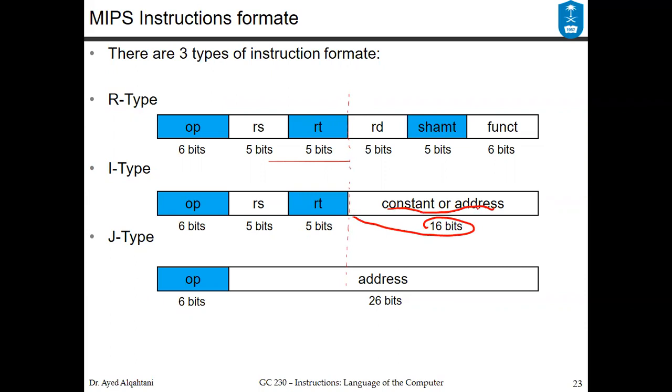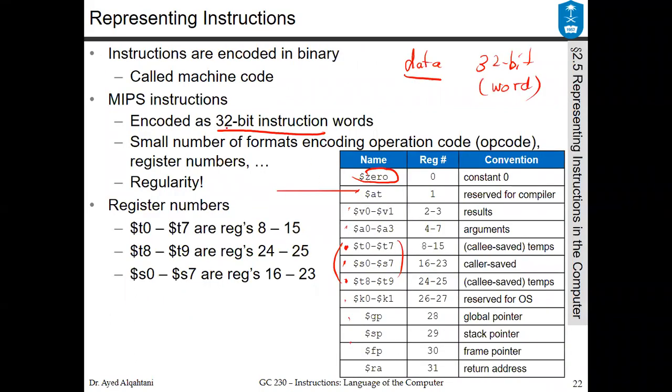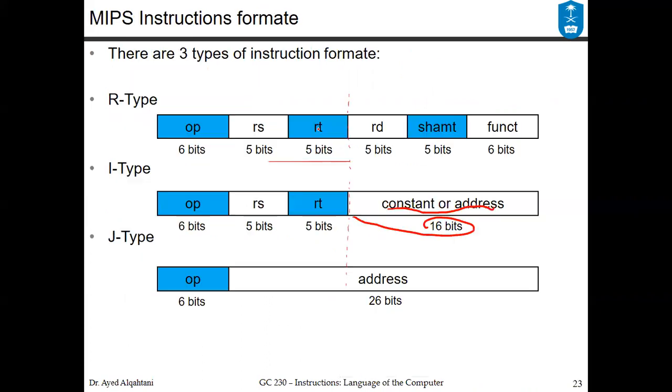Now we are reinforcing the same thing that we said before, that every instruction would be a 32-bit instruction, meaning the length here is 32 bits, broken into, for R type, 6, 5, 5, 5, 5, and 6. So you see 5 and 5, this is 10 and 10, that's 20, plus 12 is 32.